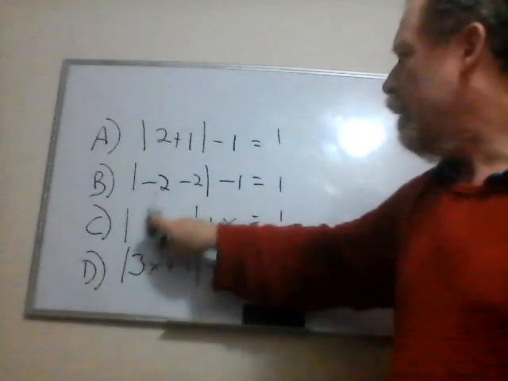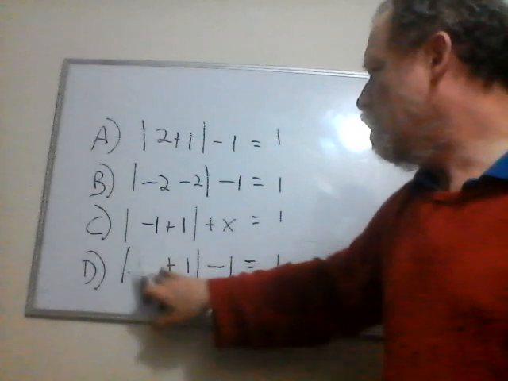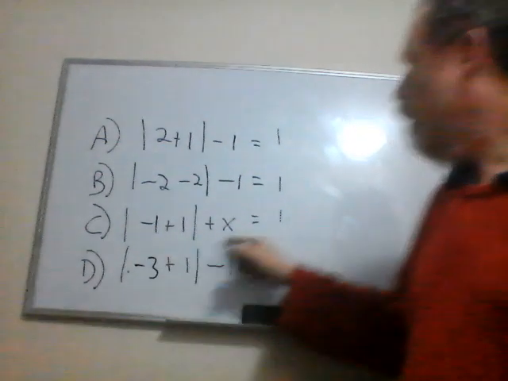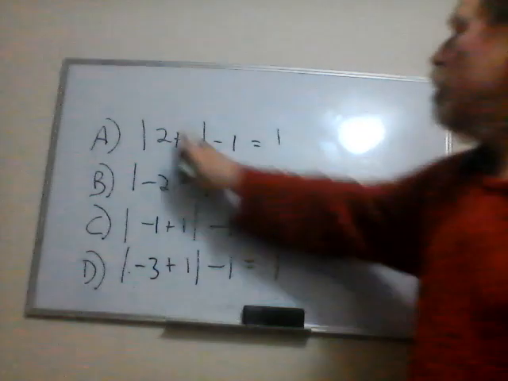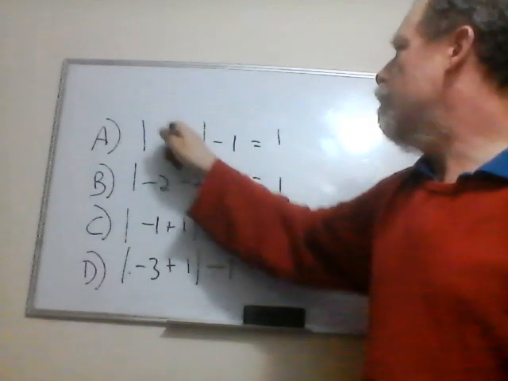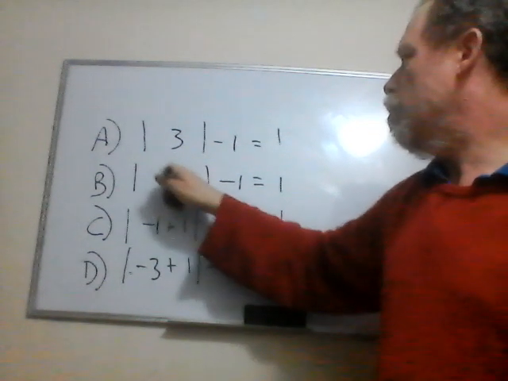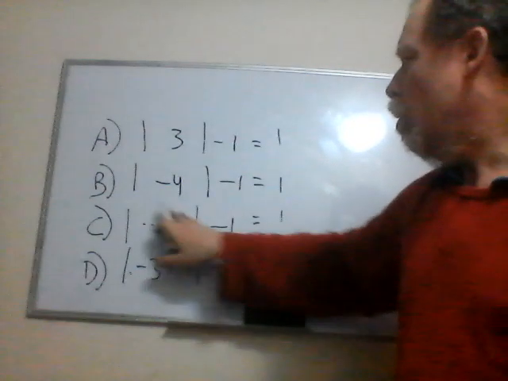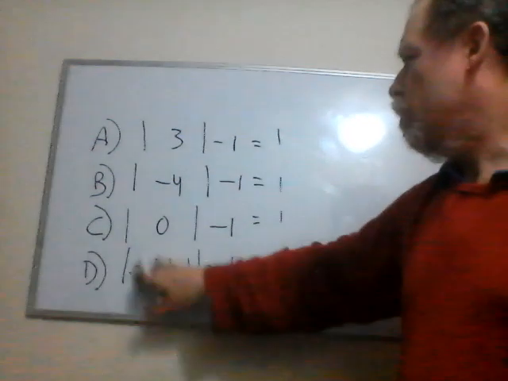This becomes -1. This becomes -3. And you have this one over here, so it becomes -1. From there, it becomes 3. Okay, -4. From there, 0. Okay, and from there, -2.